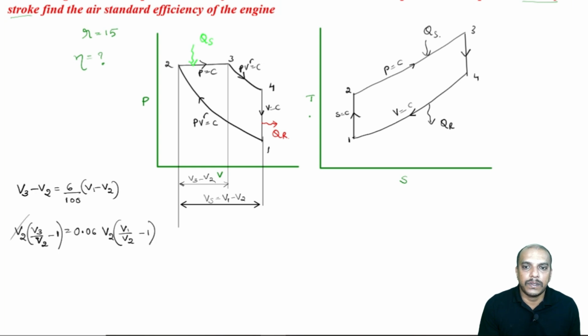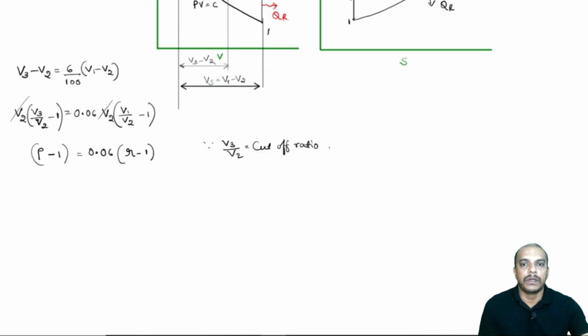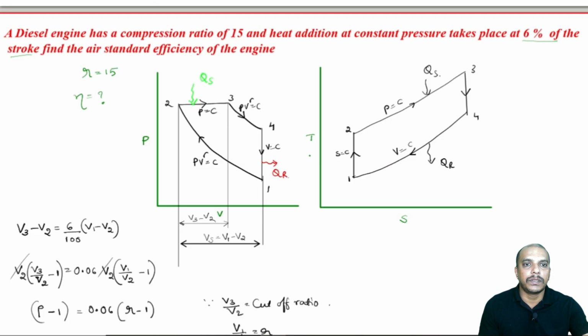V3 by V2 is the cutoff ratio rho, because V3 by V2 is equal to the cutoff ratio. This will be 0.06, and V1 by V2 is the compression ratio R, minus 1.